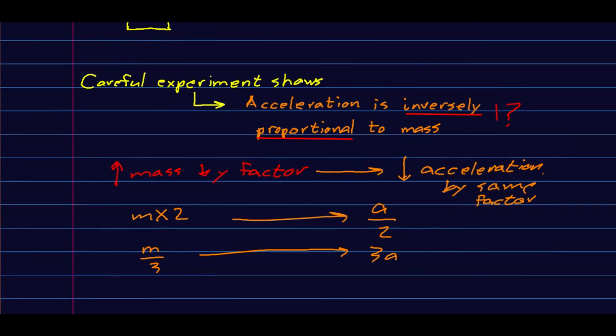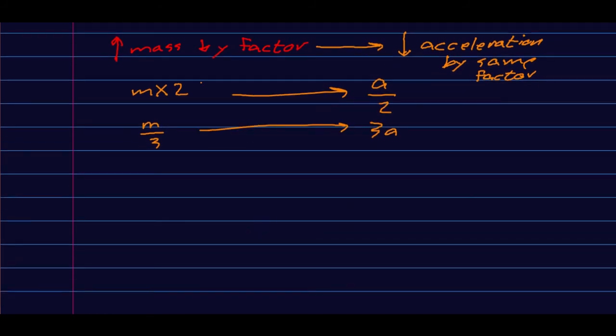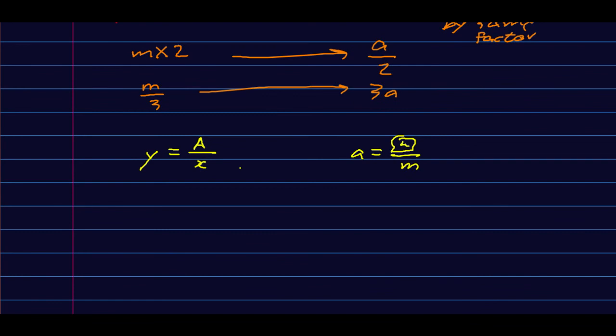And the mathematical relationship that gives you this, if you have any two variables, y and x, and they're inversely proportional, then the relationship looks like this. And so this tells us that our acceleration must be something or other divided by the mass. So now that we know all of the proportionalities, we can write our relationship, although there's still a detail we need.